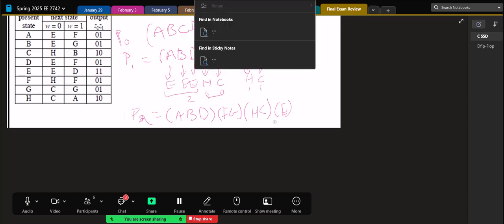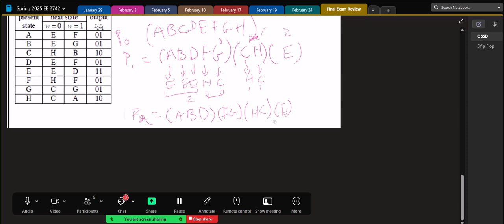So when W equals 1, A goes to F, B goes to G, D goes to F. Okay, so F and G are in the same group. They're both grouped together. And so these are all going to the same group, so I can leave them together.